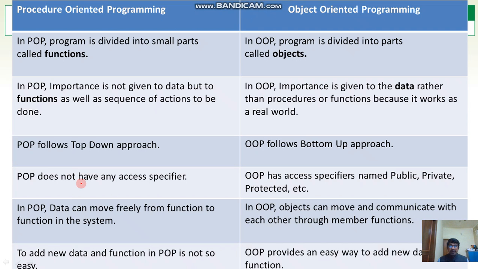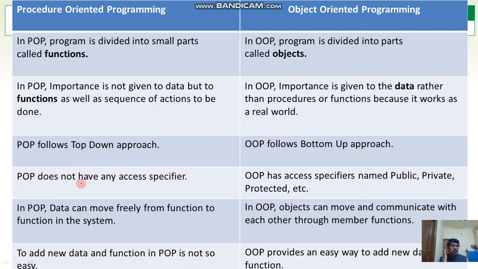And the last point is that adding data in case of POP is not that easy, but in object-oriented programs, we can add data easily. So these are the basic differences between POP and OOP.